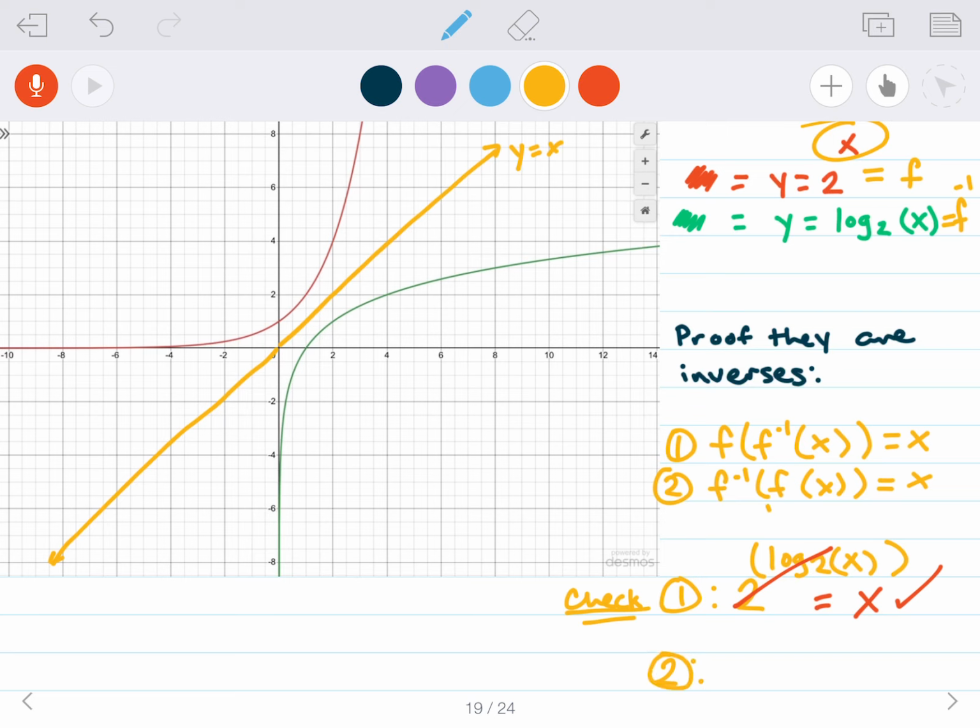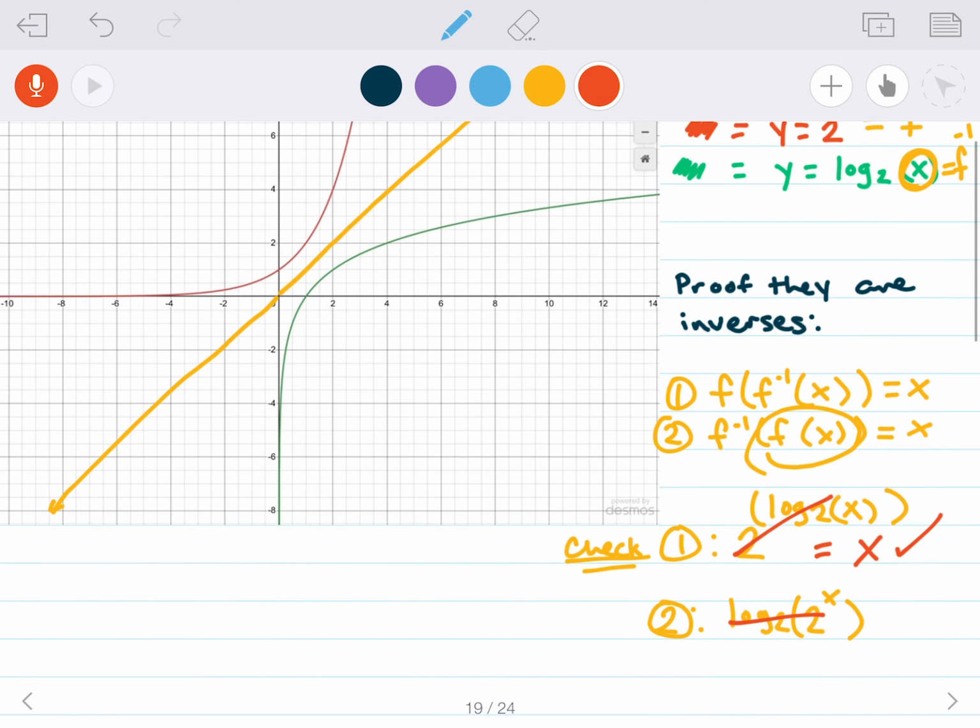Let's verify condition 2. This time we are plugging f into the inverse function. So in this log function, we're putting in 2 to the x. So we have log base 2 of 2 to the x. Well, indeed, by that inverse property, and this might be a little circular, I just want to show you that this works.